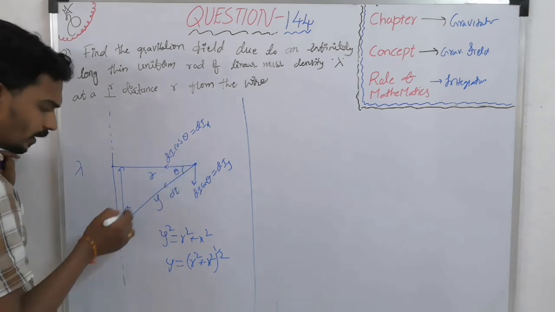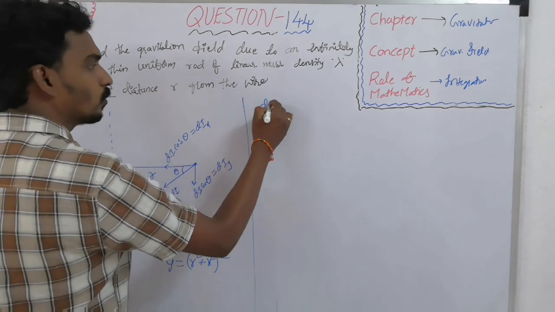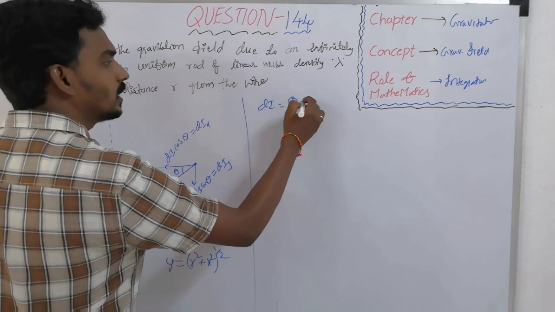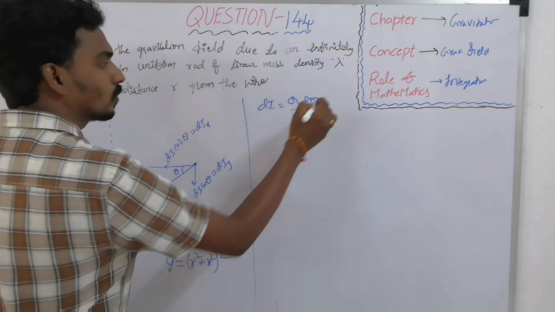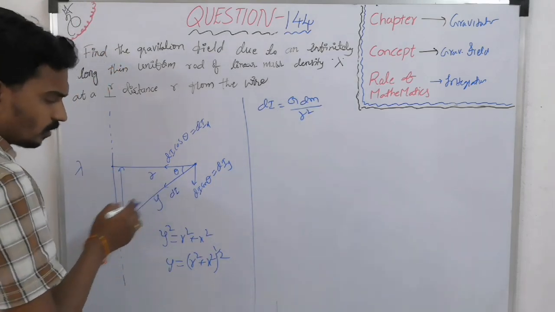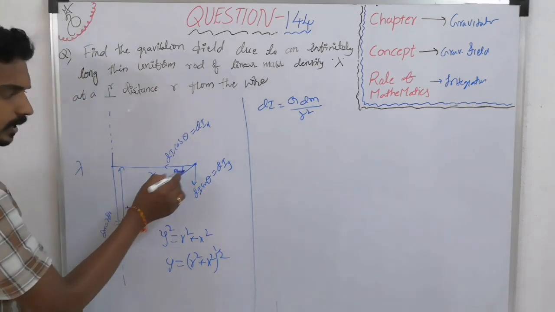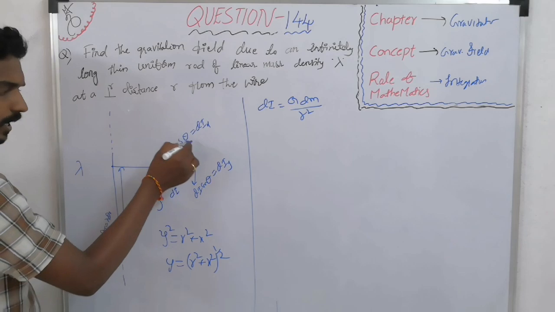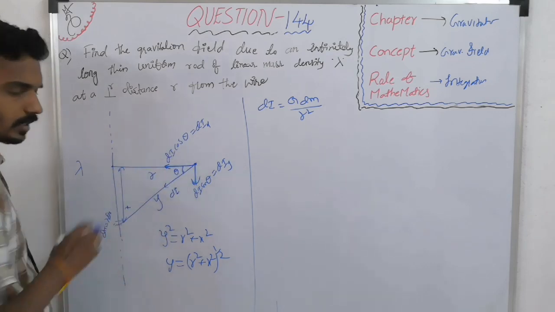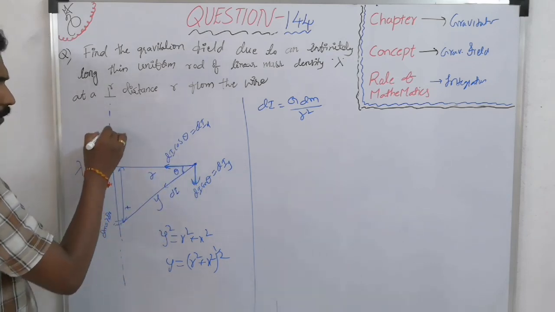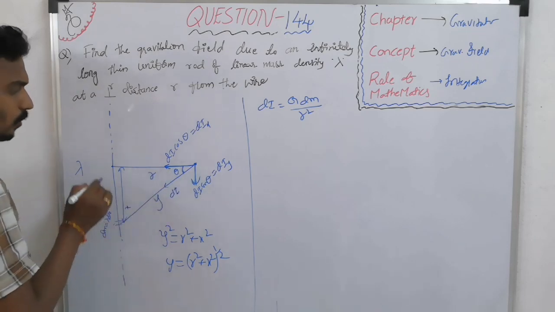Now there is a field due to this small element, dI. What will that dI be? G dm by y square. Now if you divide into components by considering this angle theta, the horizontal is dI cos theta, the vertical is dI sin theta. Why are we dividing into components?